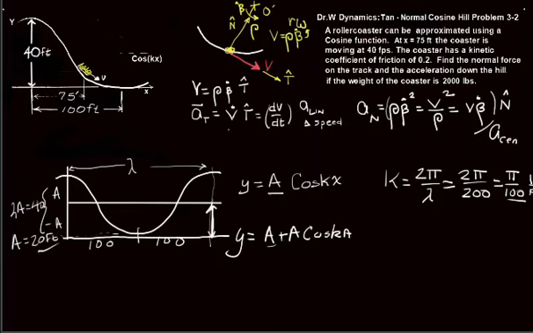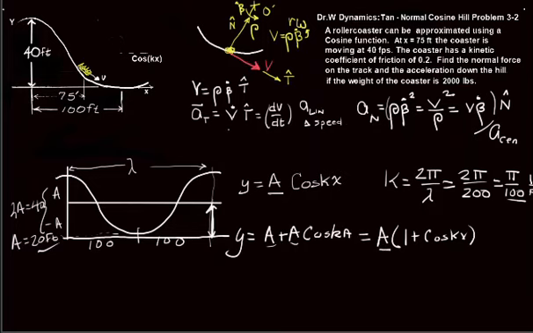So with that, we can use this form, and we'll see that y is going to be A times 1 plus cosine of kx, where k is defined here, and A is going to be 20.